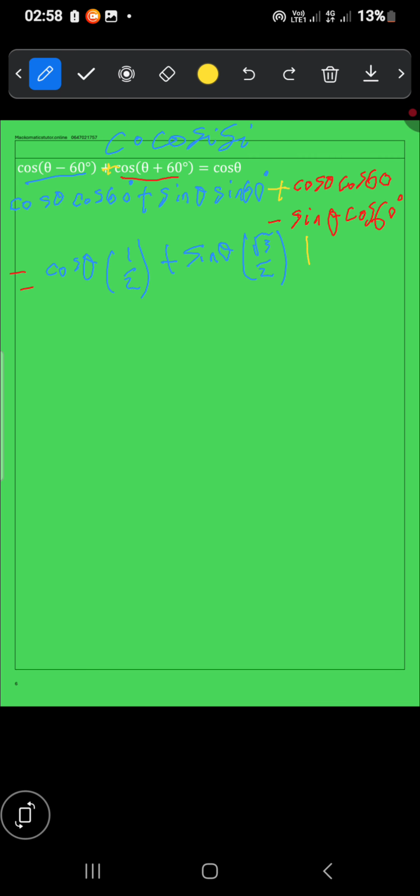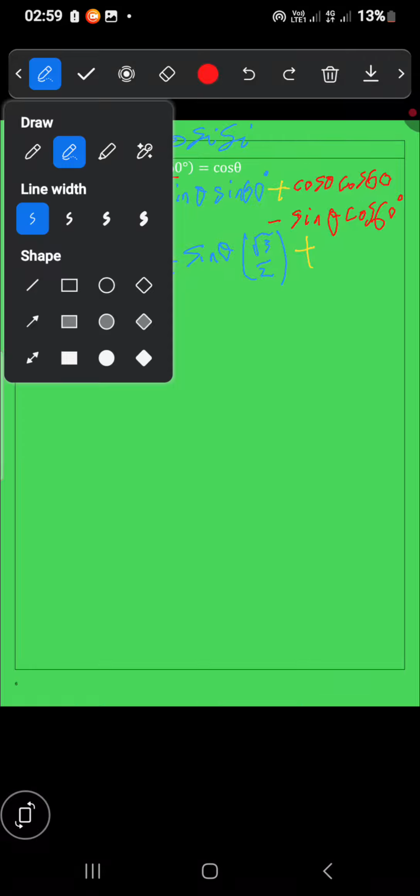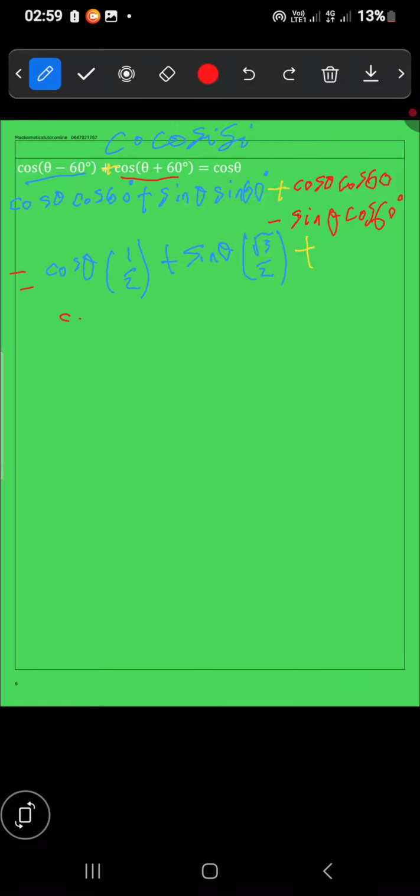Then we add here plus, remember this plus is this plus here. Then continue with the red part. This is cos theta multiplied by 1 over 2, minus sine theta multiplied by 1 over 2.